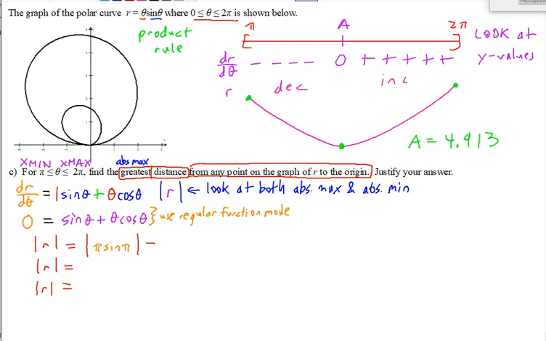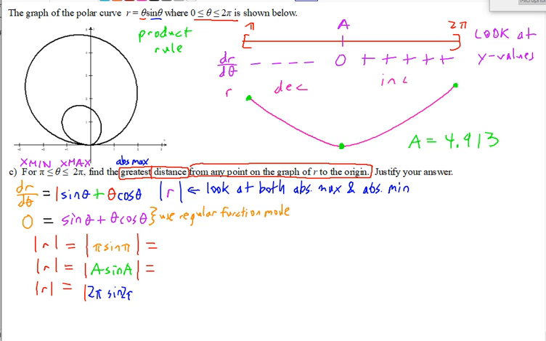The next one we stored as A, so this would be the absolute value of A times sine of A. And then the other endpoint was 2 pi, so the absolute value of 2 pi sine of 2 pi.